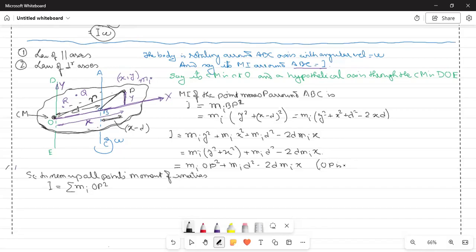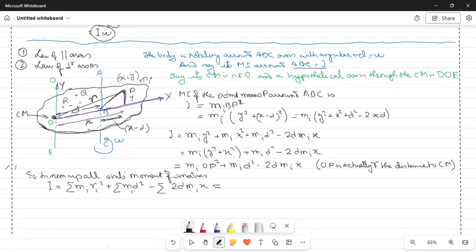OP is actually r, tending to the center of mass. So instead of writing OP², we write here mi ri², plus Σ m d² minus Σ 2d mi x.